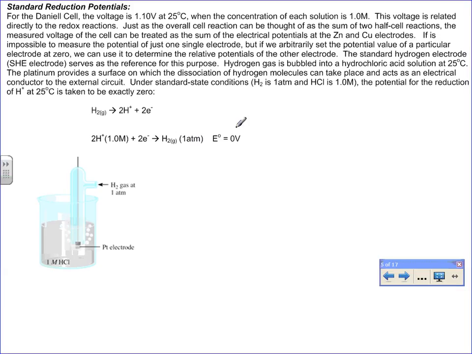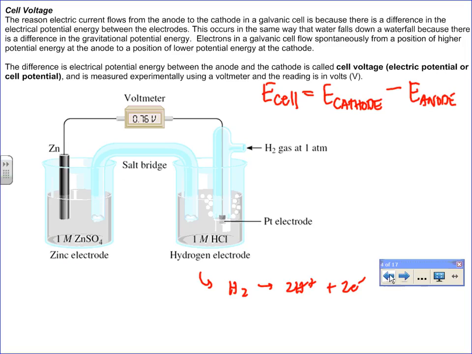Now we've assigned this to have a potential of 0, and we've used it to create a table of standard reduction potentials. And the way that we've done that is by putting everything relative to this particular cell. Okay?